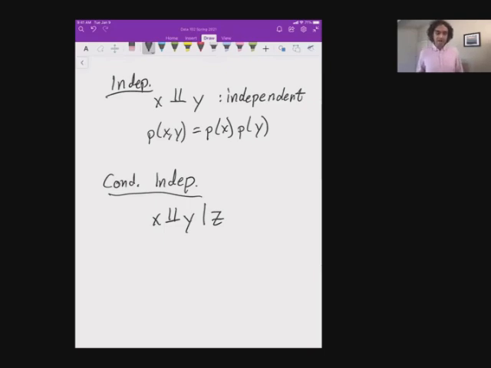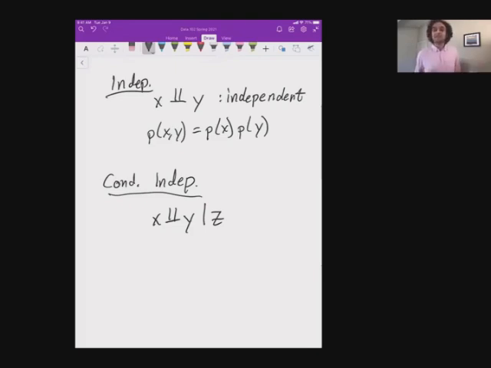For example, say x is the attendance in an in-person class, and y is how I get to campus, back when I used to go to campus. Does knowing something about how I get to campus tell you about the attendance in class? On the surface, those two things don't sound related, but then we think about weather. If it's raining, then I'm probably not going to bike to campus.